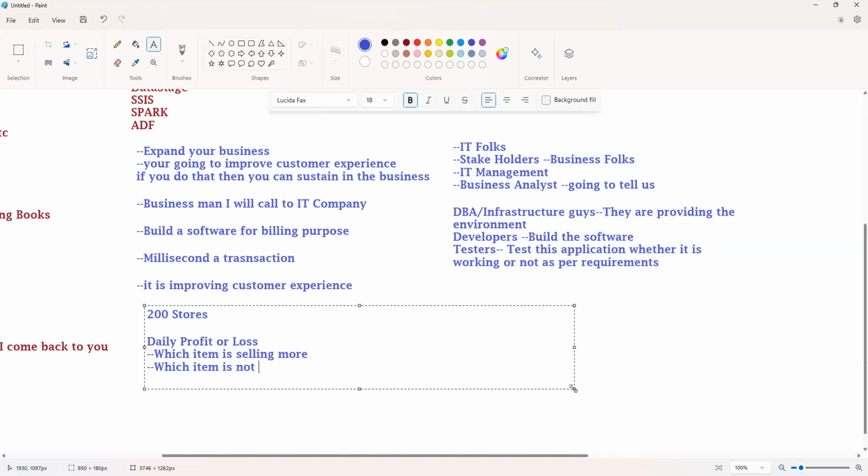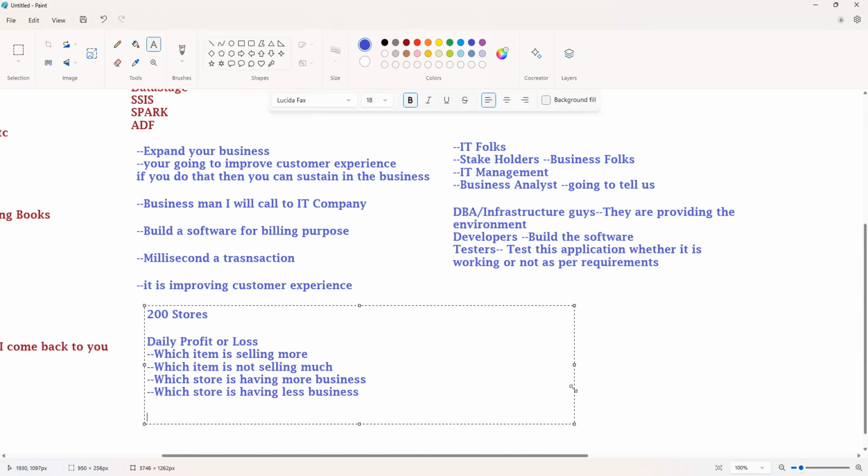And other thing, which store is performing well, which store is having more business, and which store is having less business.